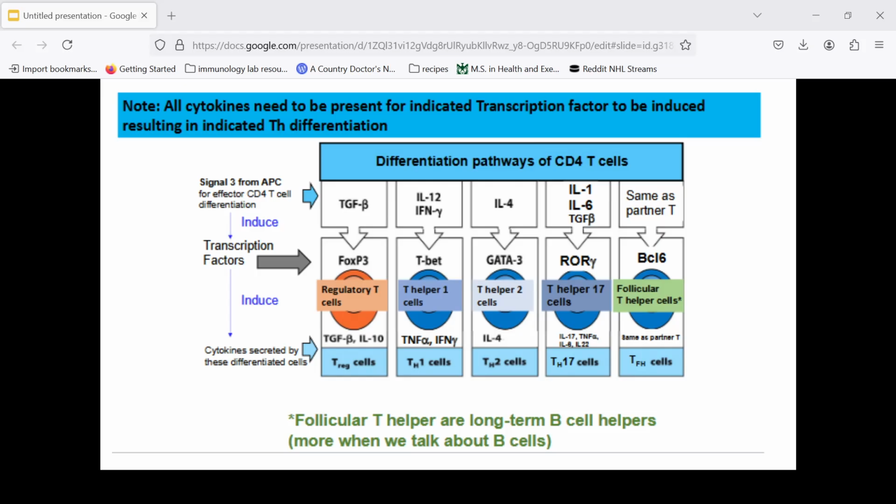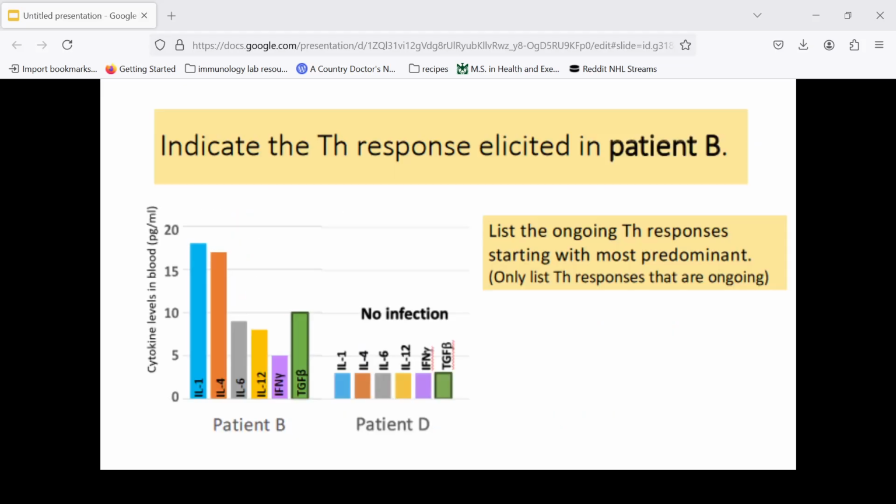TGF-beta is part of both Treg and Th17, which means they have to share the pool of TGF-beta. So, to consider where it's all going, we want to consider that limiting reactant situation again for our Th17.